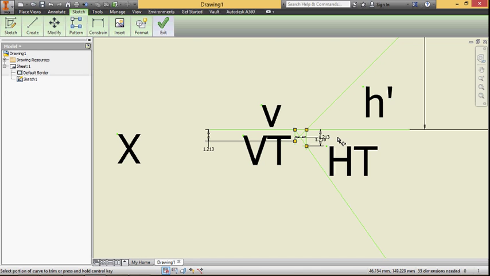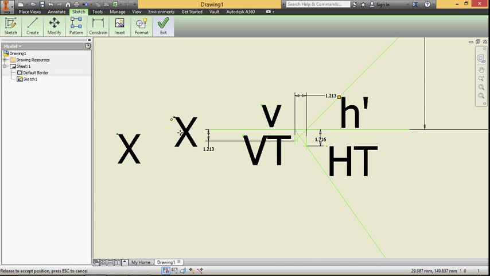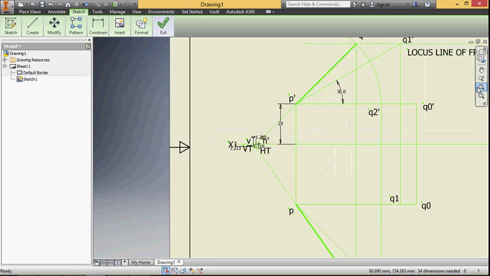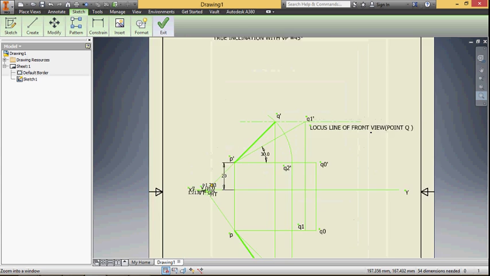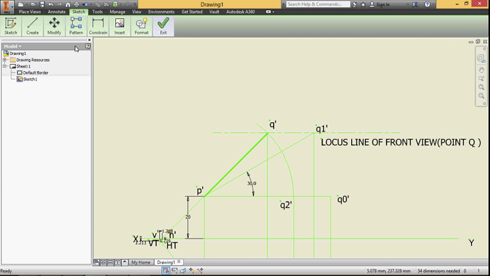So this is the horizontal trace and this is the vertical trace. Once again we can check. This is the front view.